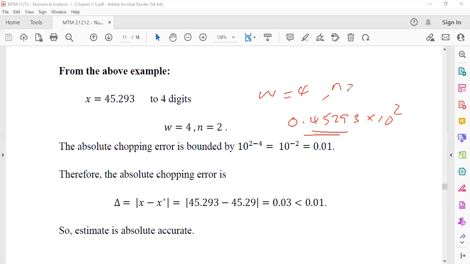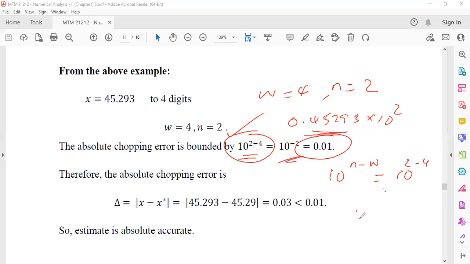Therefore n is equal to 2. Then the absolute chopping error is bounded by 10 to the power n minus w. So 10 to the power 2 minus 4 is 10 to the power minus 2, which is 1 over 10 squared, 1 over 100, which is 0.01.